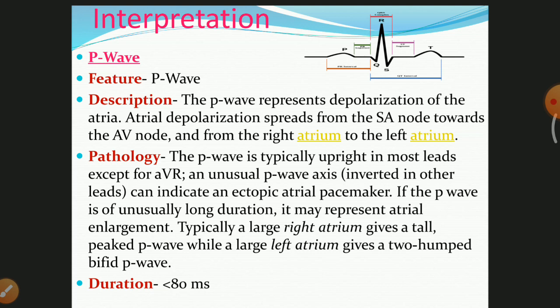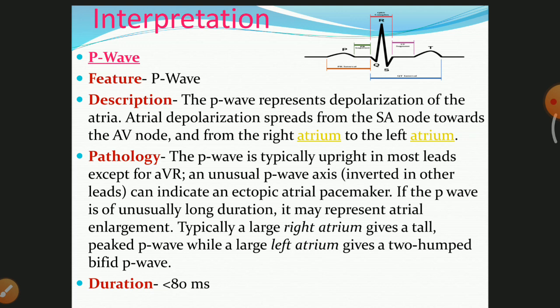In an ectopic pacemaker, the electrical impulses are transported through a bypass, not from the SA node to the AV node, they are directly transferred through the bypass way.